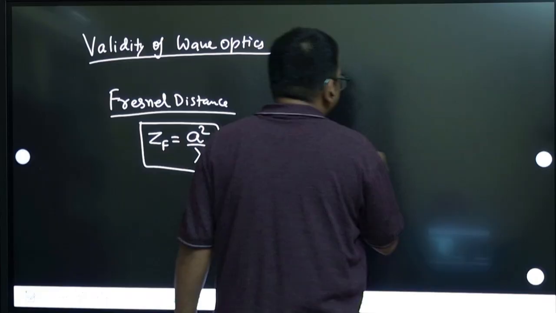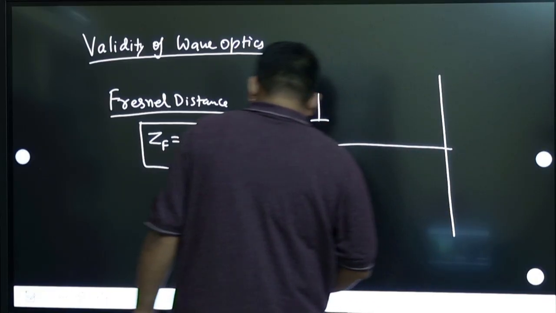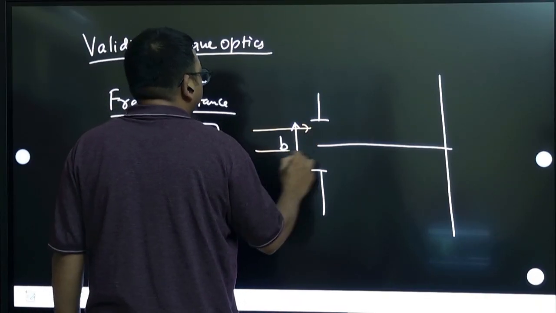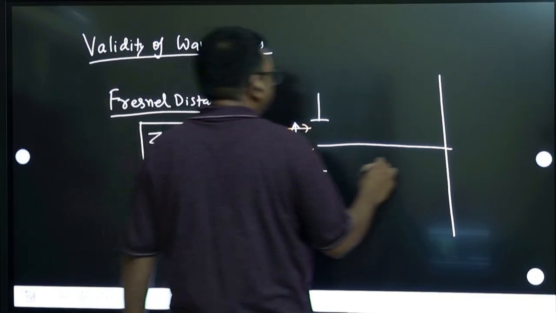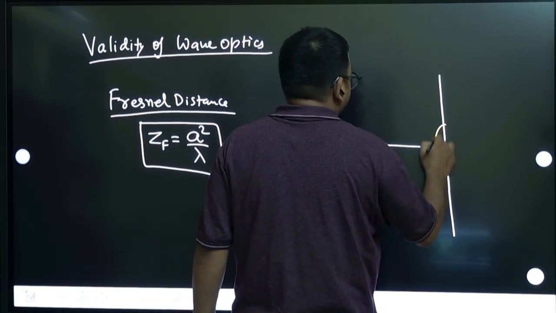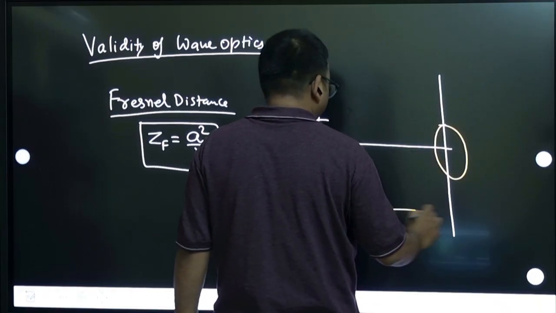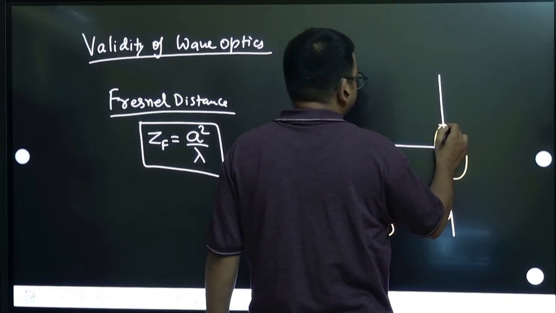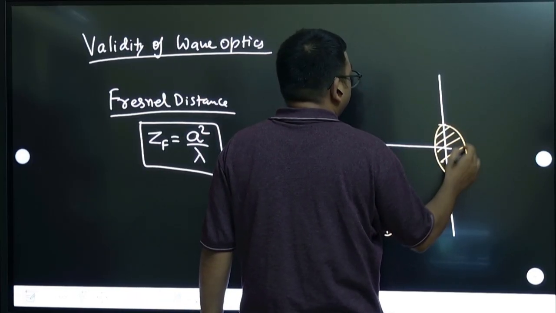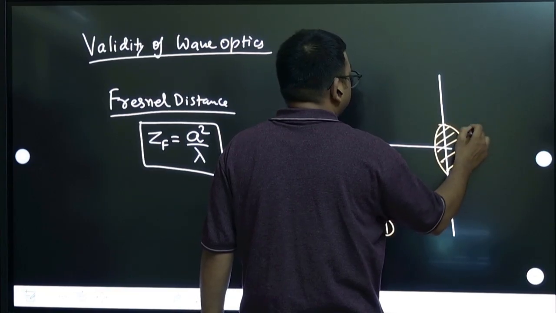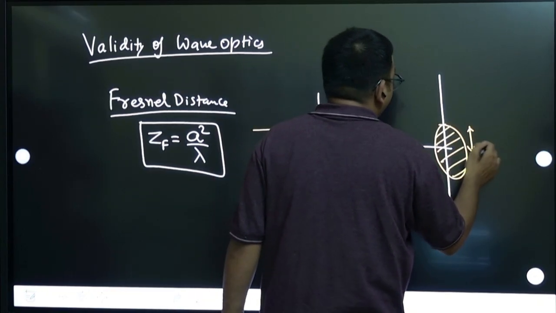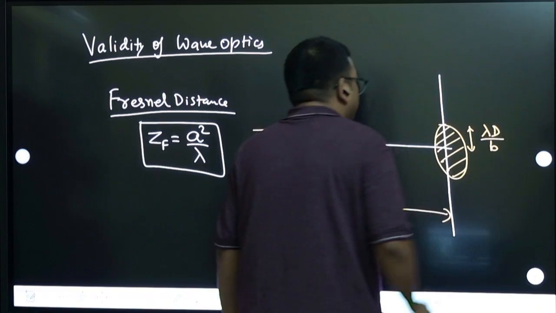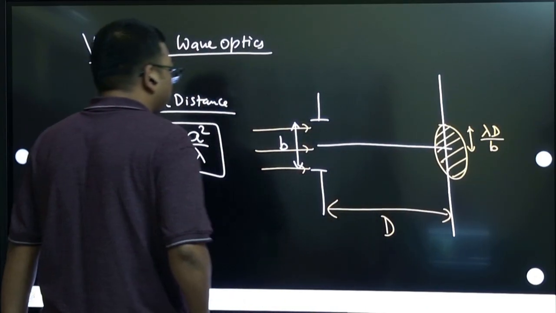Rays are coming and making a bright spot at a distance d. We already know this bright spot size is equal to lambda d by b.